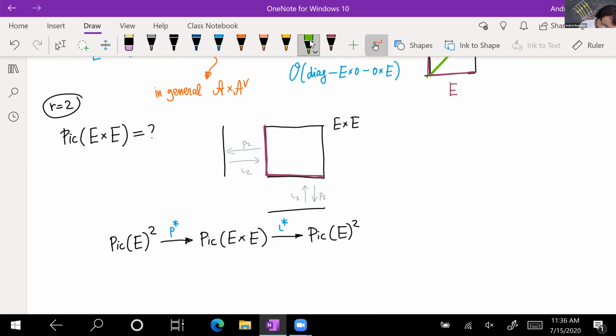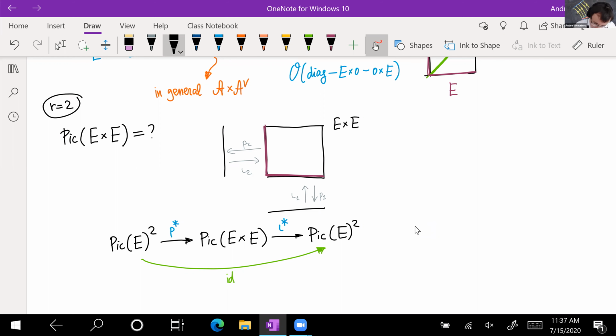And it's obvious that the composition of these maps is identity. And so we only need to know what is the co-kernel, or another way, what's in the kernel of iota star.